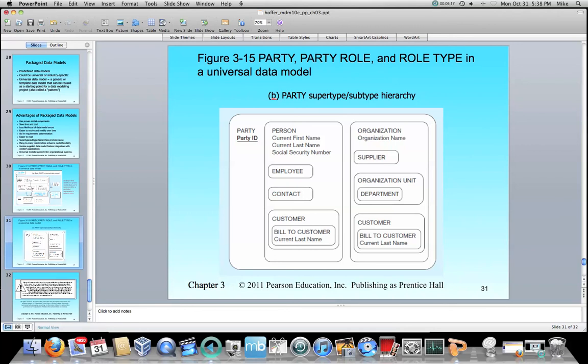Again, I don't want to beat this horse to death, but just realize this is what they're trying to talk about when they talk about packaged data models. And that is the end of my lecture on packaged data models.